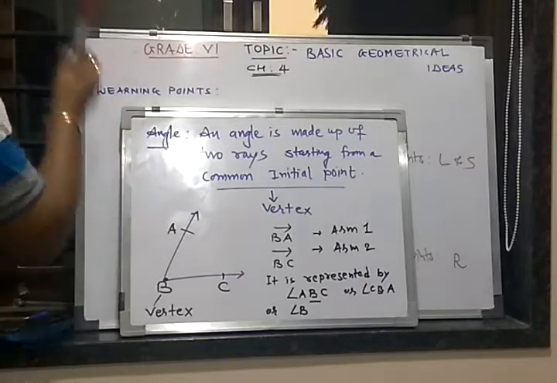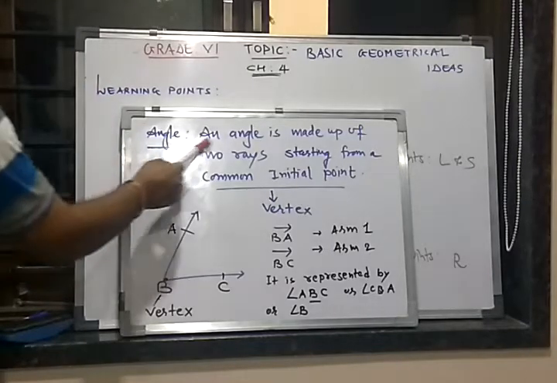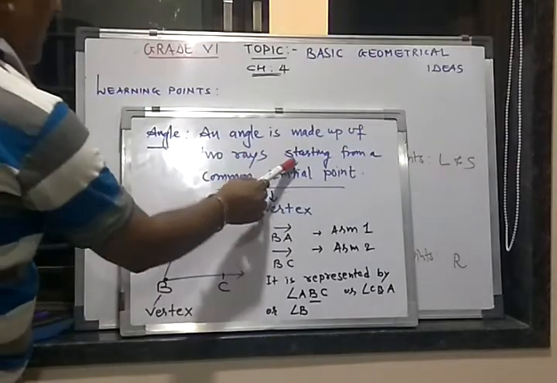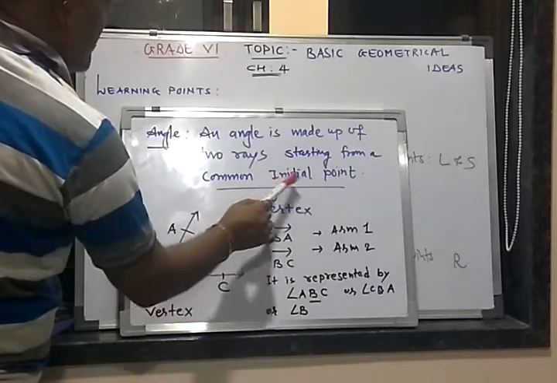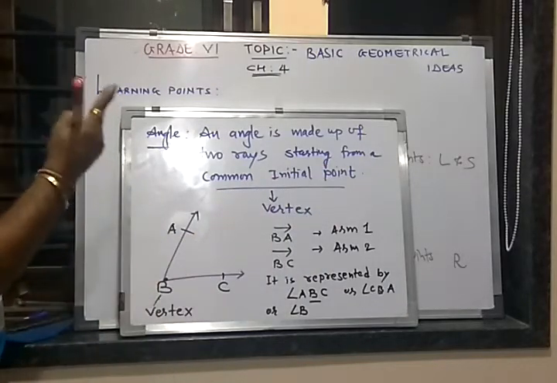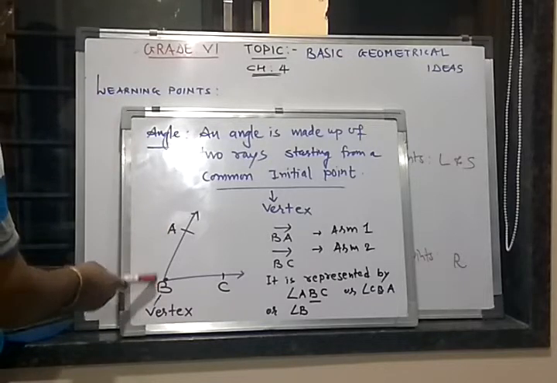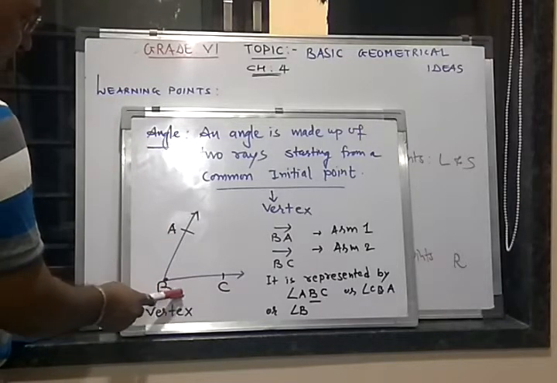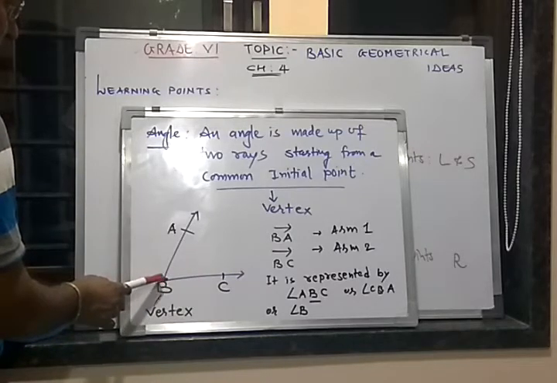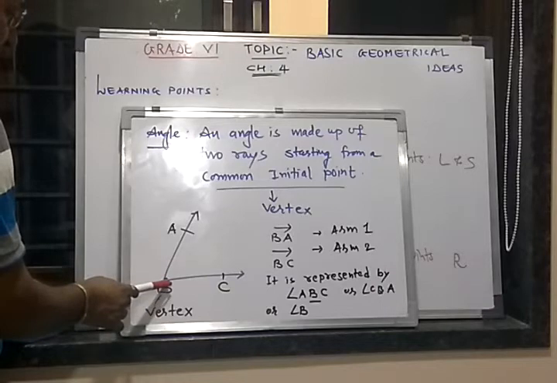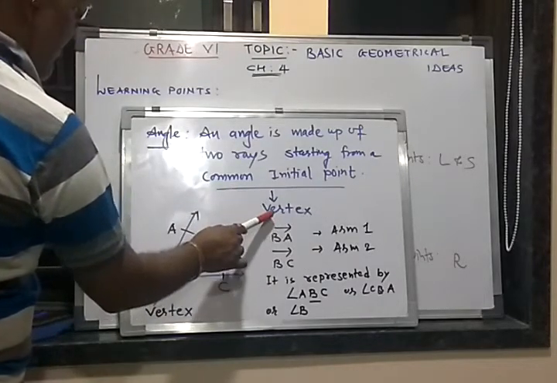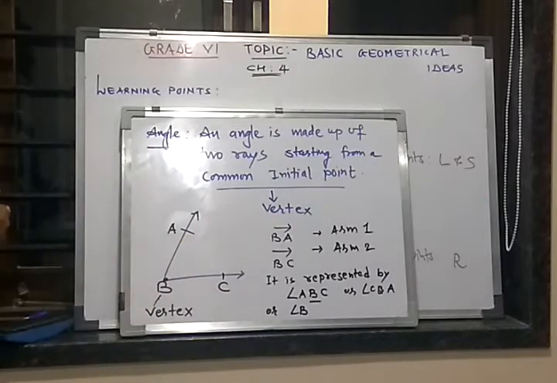Next point, angle. An angle is made up of two rays starting from a common initial point. You see, this angle is made up of two rays, ray BA and ray BC, starting from a common initial point, starting from B, and this common initial point is known as the vertex.